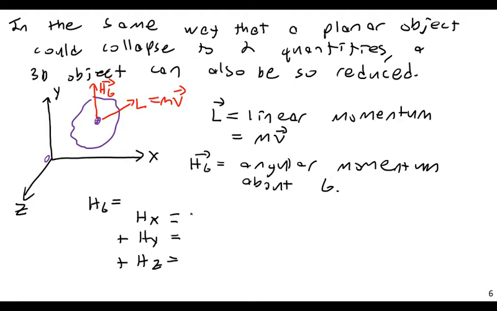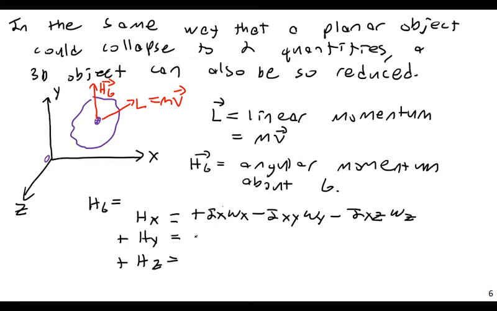Hx would be plus Ix omega x, minus Ixy omega y, minus Ixz omega z. I'm leaving the bars off here; I should probably put overhead bars on these, but I'm skipping them to save a little time.